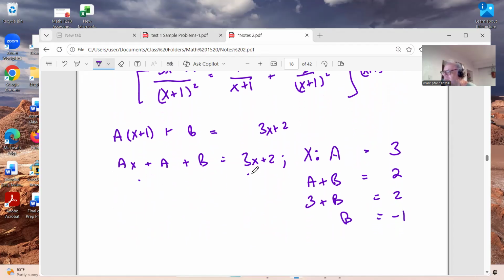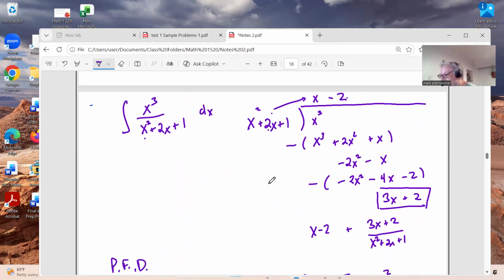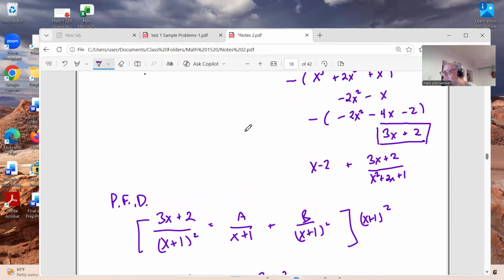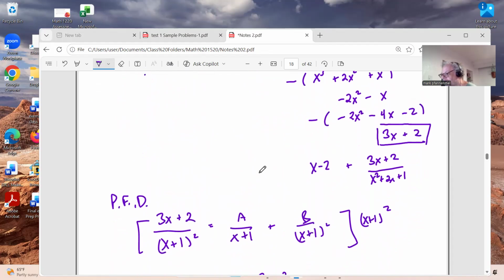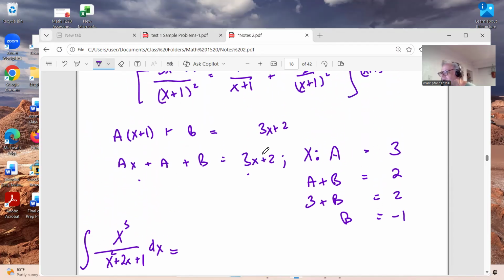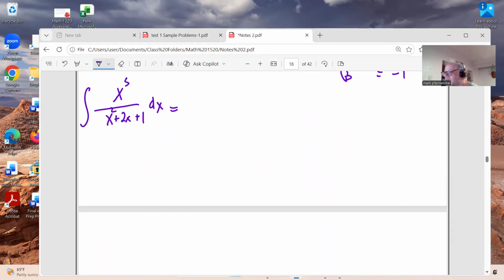Okay, so my problem that I started off with here, I did a couple of different surgeries on this thing. We're going to say that this original integral here, the integral of x^3 over x^2 + 2x + 1 dx, is equal to, what was my original problem here? Well, we were up here, x - 2.